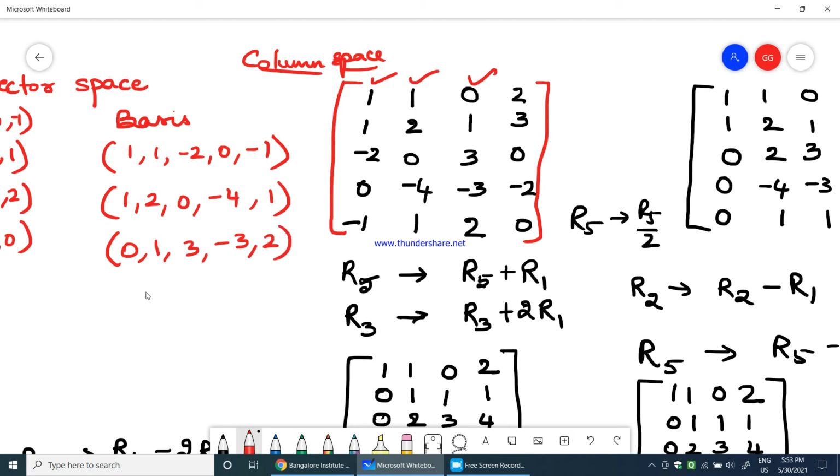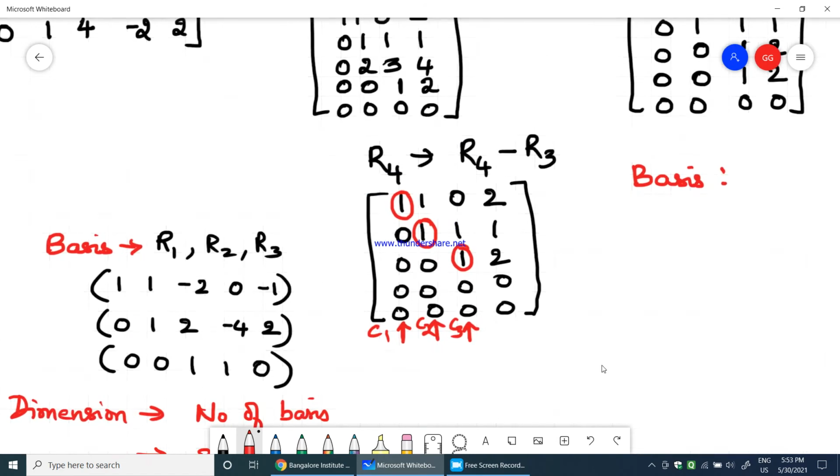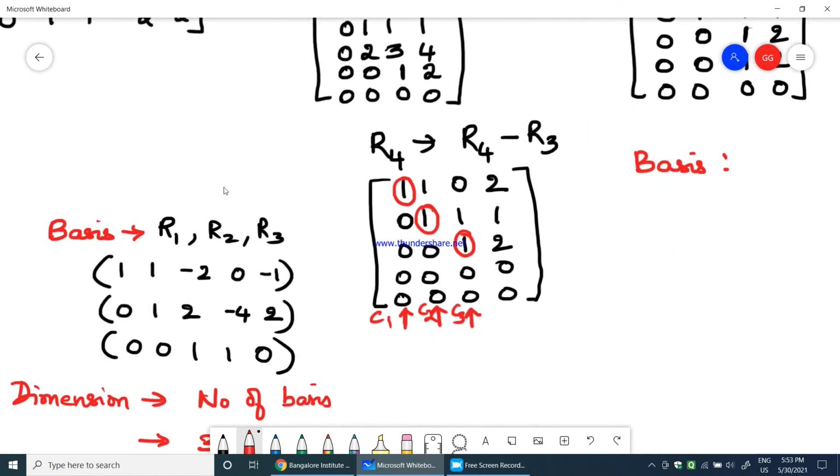So this is very important. While finding a column space, we apply the Gauss-Jordan reduction techniques till the end, and we see the position of the pivot elements column-wise. The first 3 columns were the position of the pivot elements.